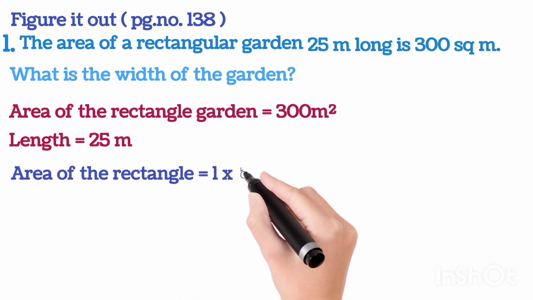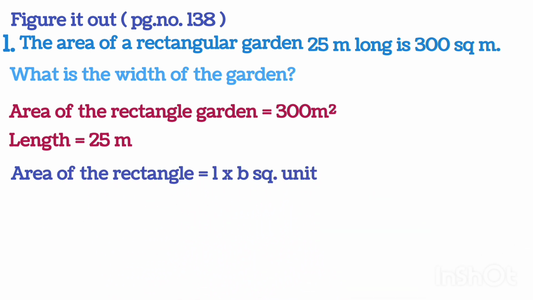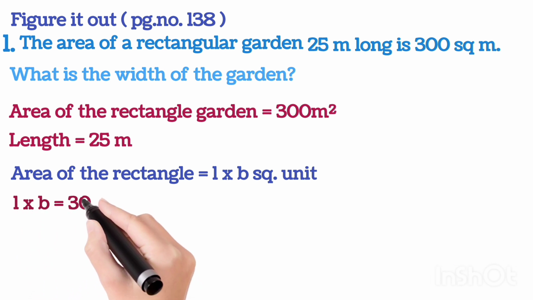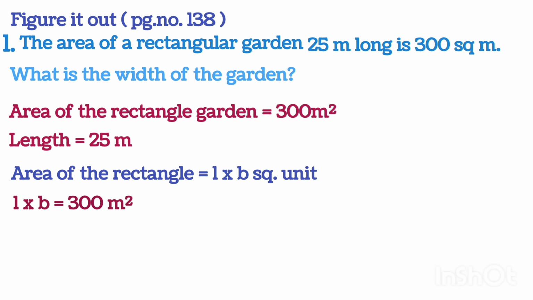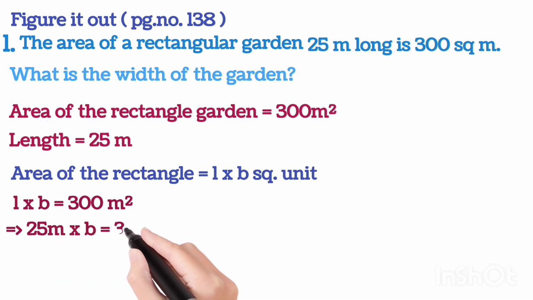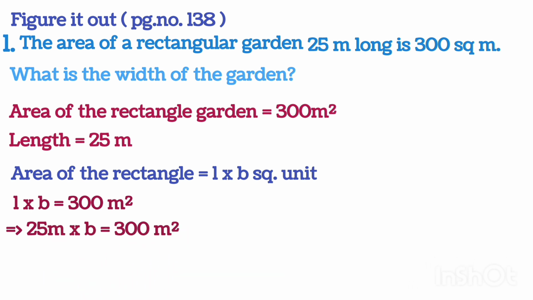Now first you have to write the formula, so this way you will write it. Next you write L into B, means area equals 300 meter square. We know that, so we have written. Length also we know, that is 25 meter, and breadth we have to find out, equals 300 meter square. So that implies breadth equals, first we will shift this 25 meter from the left side to the right side.